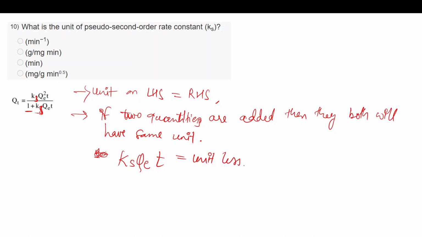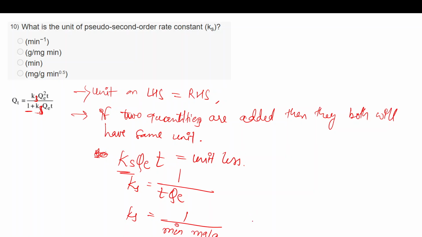So the unit of Ks will be the reciprocal of time into QE unit. Time has the unit of minute, and QE is the adsorption capacity at equilibrium, which has the unit of milligrams per gram.